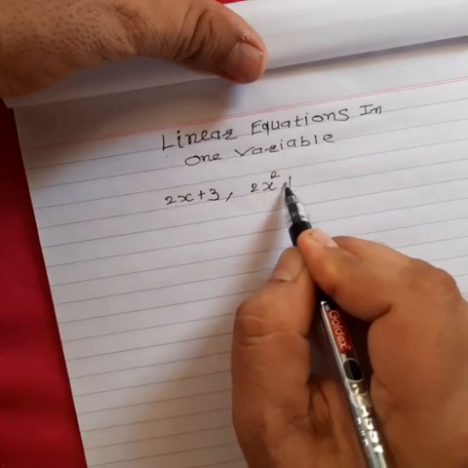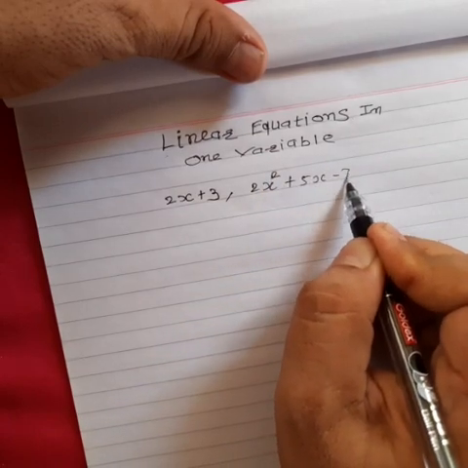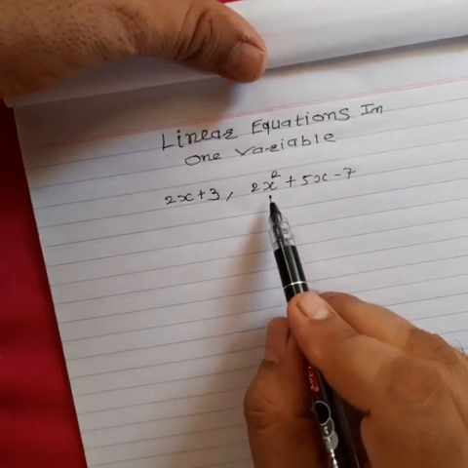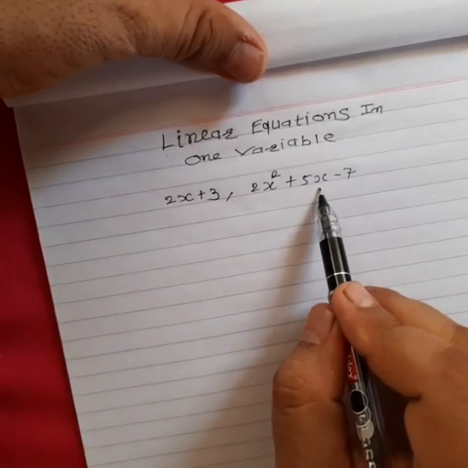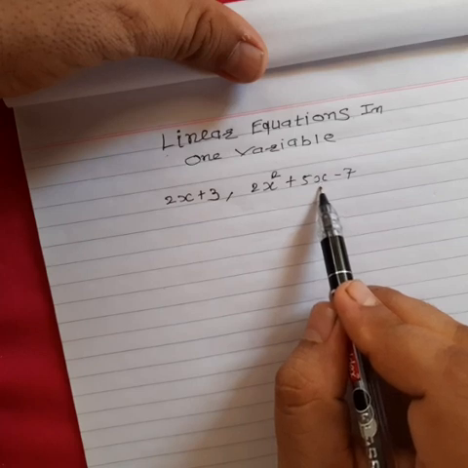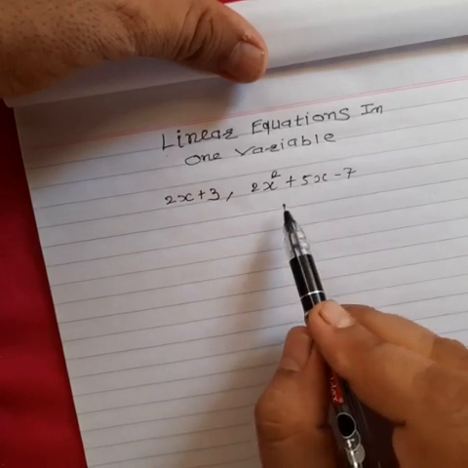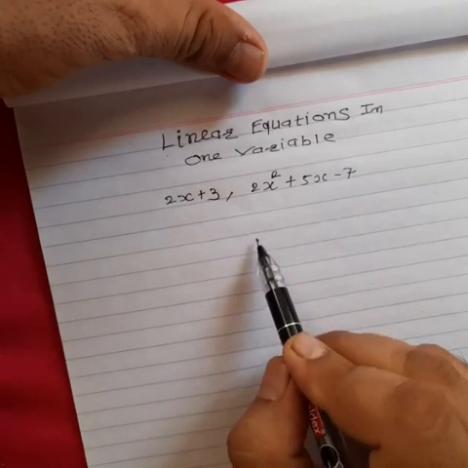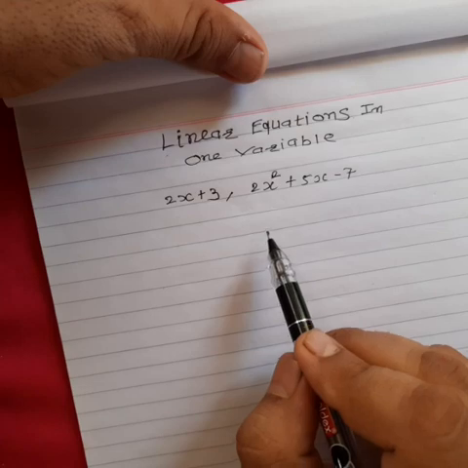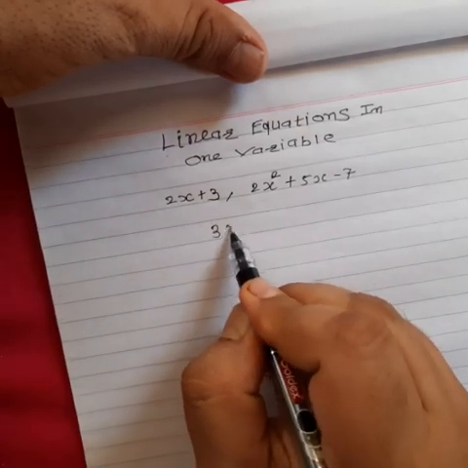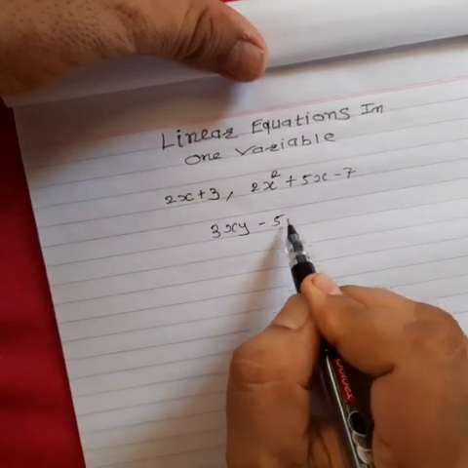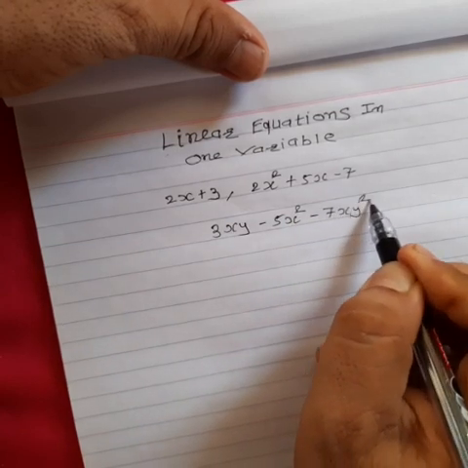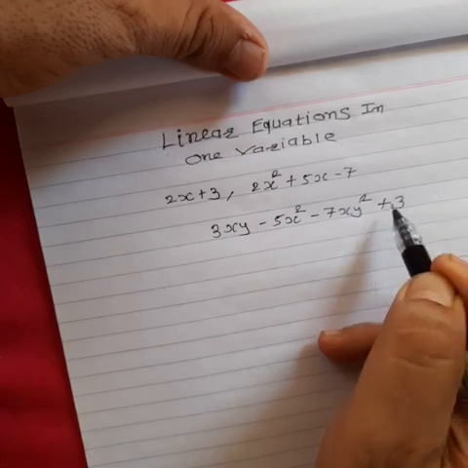2x square plus 5x minus 7. Here we don't know the value of x square. We don't know the value of x. So these are variables, while 2, 5 and minus 7 have fixed values. 3xy minus 5x square minus 7xy square plus 3.